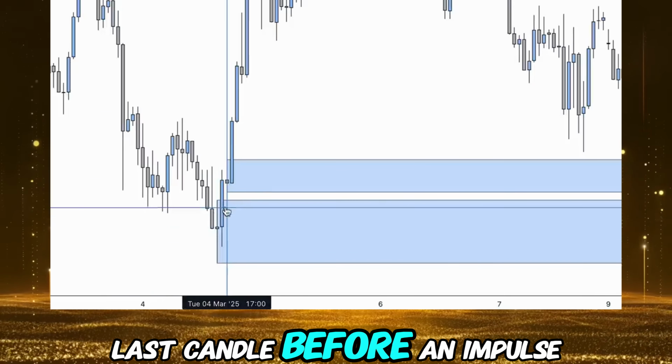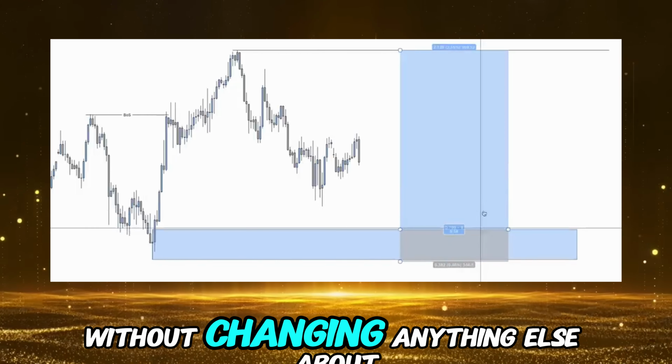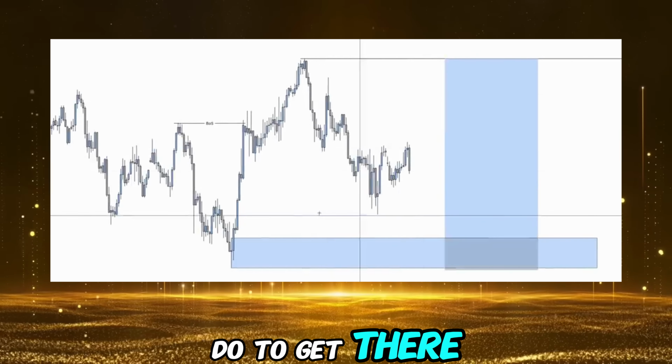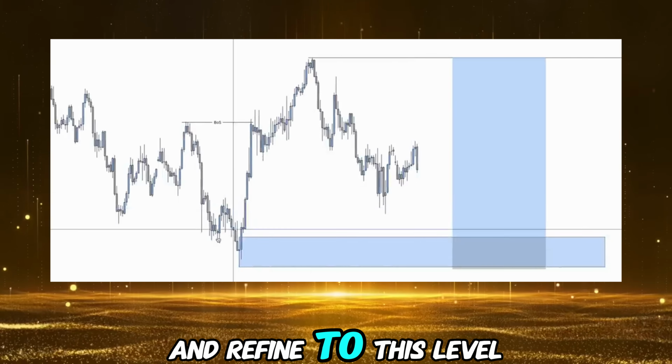So from the 4-hour position of 3.08%, if we were to move our entry to the top of this zone without changing anything else about the trade, we are now at 5.58 risk reward, which means in this instance, we've added 2.5% potential to the exact same trade. And all we had to do to get there was drop the time frame from the 4-hour to the 1 hour and refine to this level.